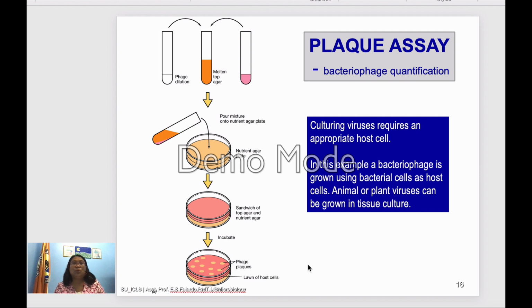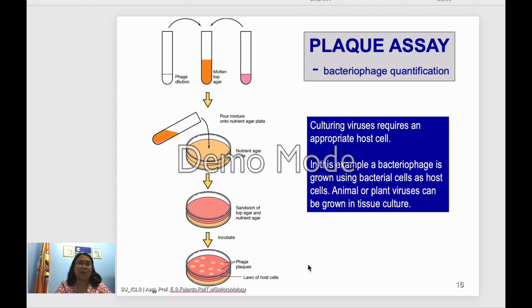Okay, so for the culture of phages, it is not the same as culturing bacteria. Because in the culture of bacteriophage, you're going to use double layer agar, in which the upper half of the agar is very soft. This is made soft because the specific bacteria and the suspected bacteriophage are mixed with the soft agar so that they can move during the process of infection in the agar.